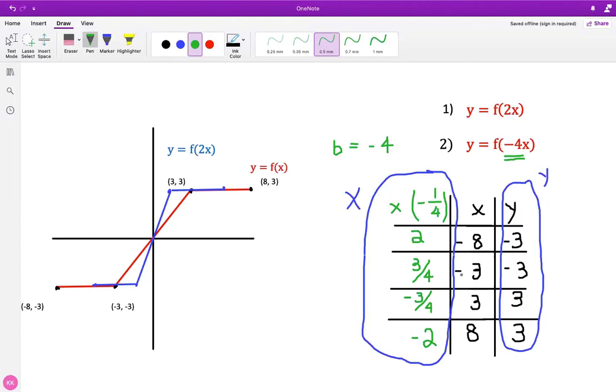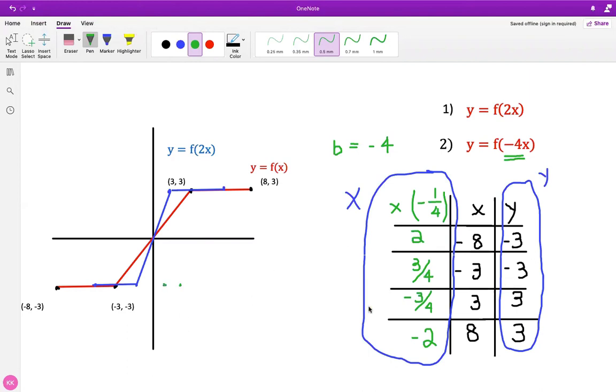I'm using this column and this column here to generate the graph for question 2. The first point we have is 2, -3, around this position. Also 3/4, -3 is around this position.